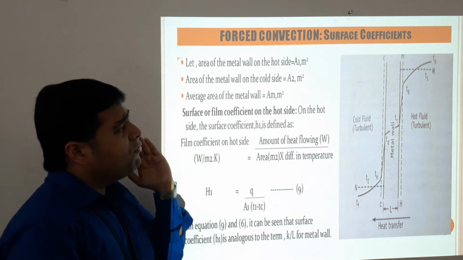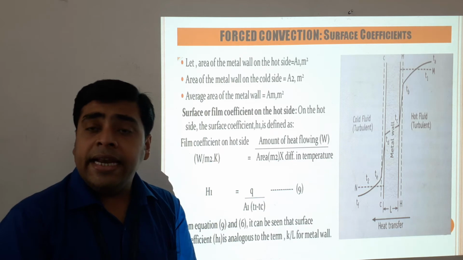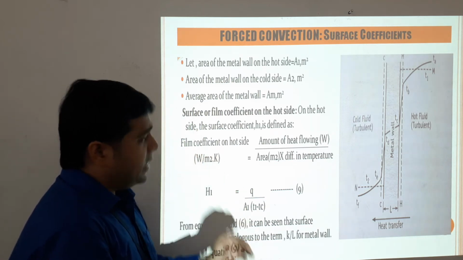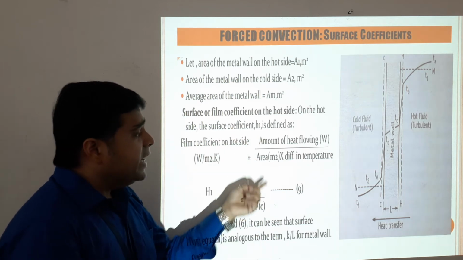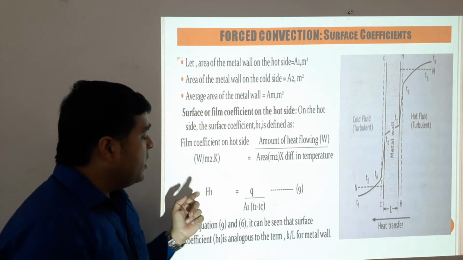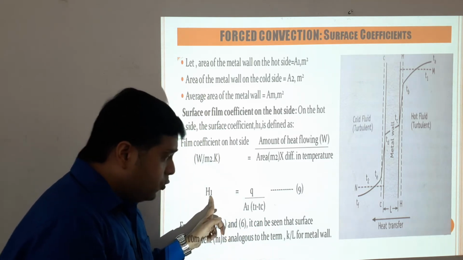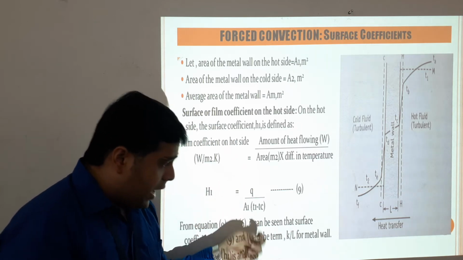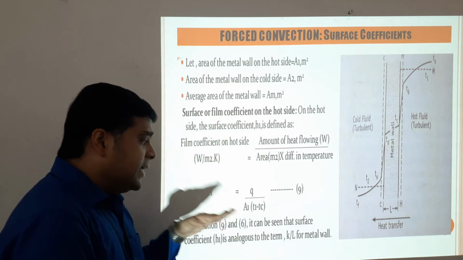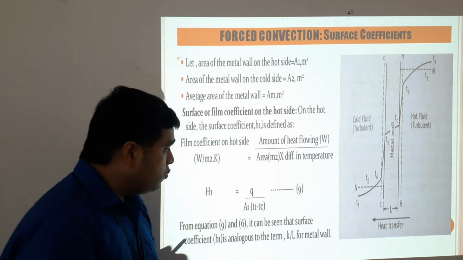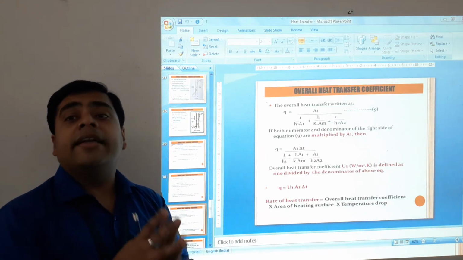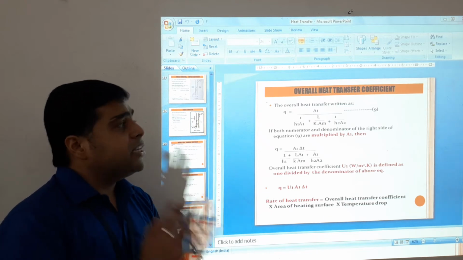The surface or film coefficient on the hot side can be defined as the amount of heat flowing divided by the area times the difference in temperature. Mathematically, H1 is equal to Q divided by A1 into T1 minus TC. From these equations, it can be seen that the surface coefficient H1 of this film can be determined using this transfer coefficient.